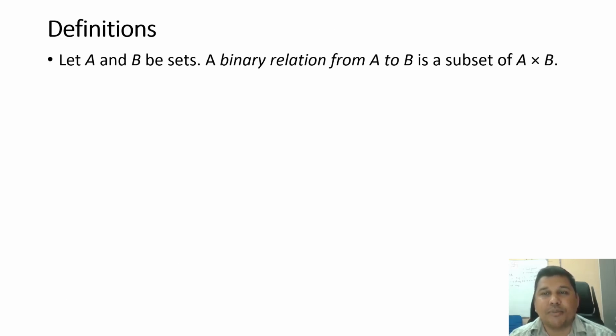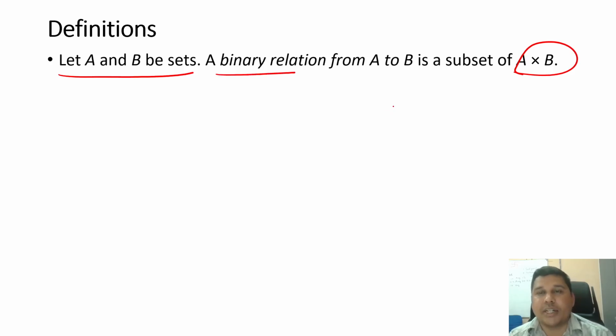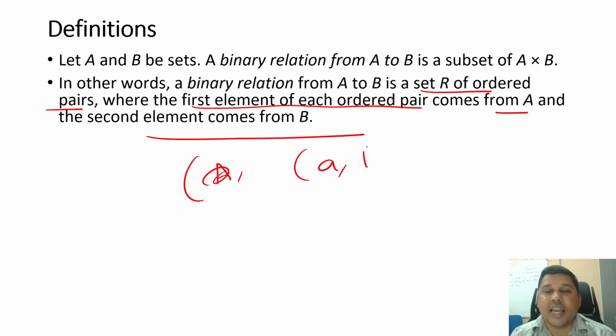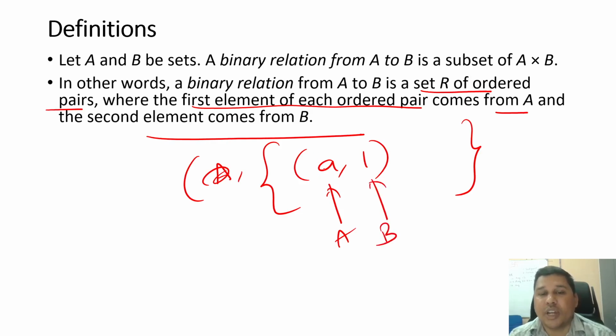Let us see definitions. Let A and B be two sets. A binary relation from A to B is a subset of A cross B. This means the Cartesian product. So, a binary relation is a subset of the Cartesian product A cross B. In other words, a binary relation from A to B is a set R of ordered pairs, where the first element of each ordered pair comes from A and the second element comes from B. So, when you are forming a relation, A comma 1 in a relation, this is from set A and this is from set B, and it is an ordered pair because we are writing in order.